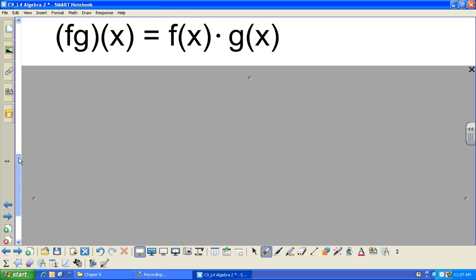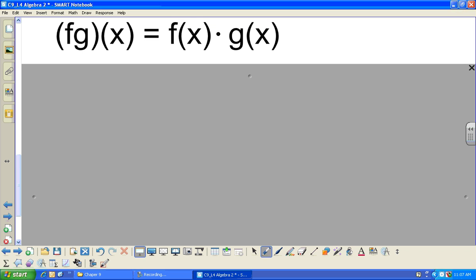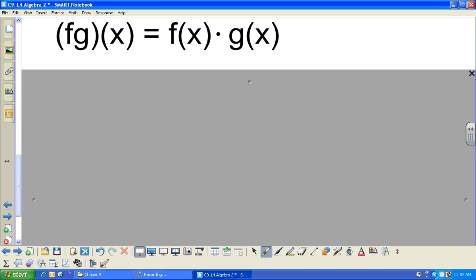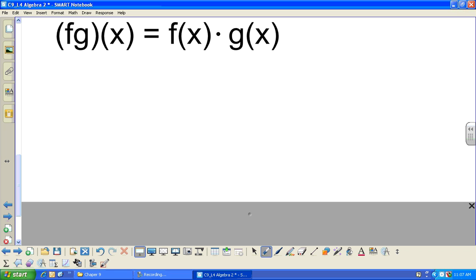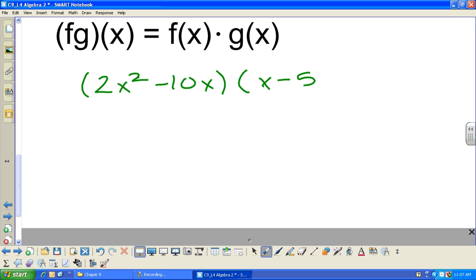If I have f times g of x, that's the same thing as the function of f times the function of g. And in this case, it's going to be 2x squared minus 10x times x minus 5. And I have to FOIL. I have to multiply my first, so this would be 2x cubed. My outside would be negative 10x squared.